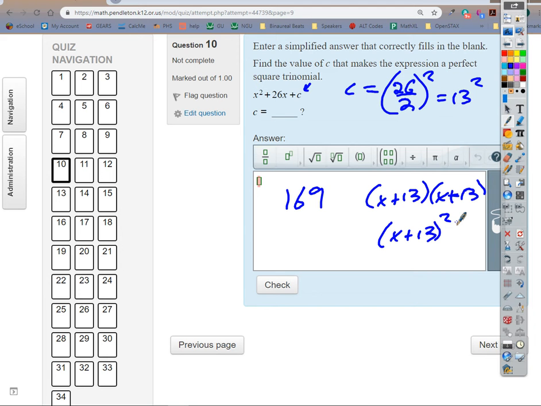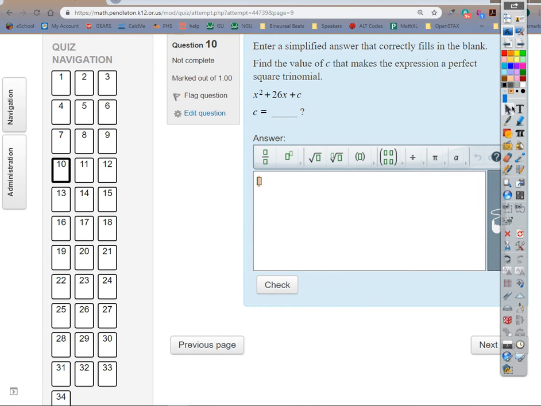That's the recipe: we always take half of b, divide by 2, and then that result squared is the number that has to go there to make a perfect square trinomial. If it doesn't divide by 2 evenly, you're going to get a fraction. But on this test, I think it's pretty likely it's going to divide evenly. b over 2.